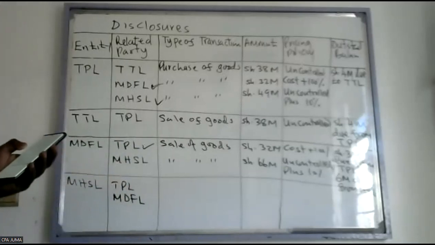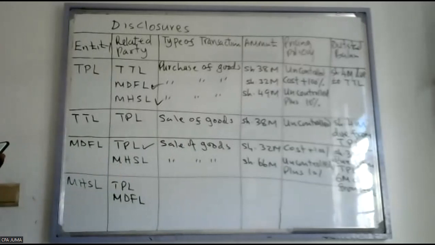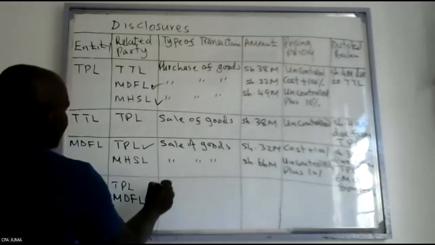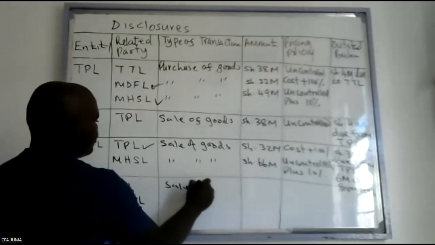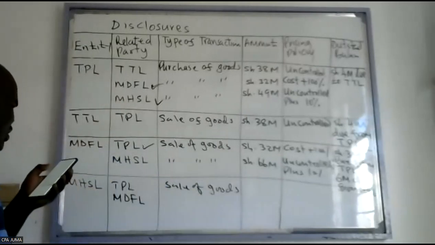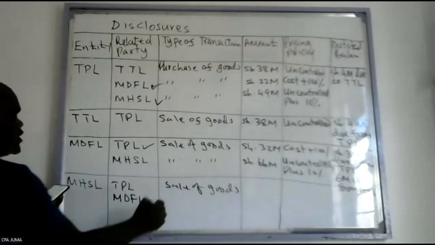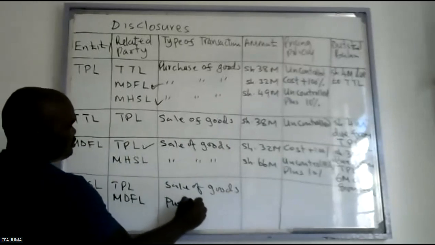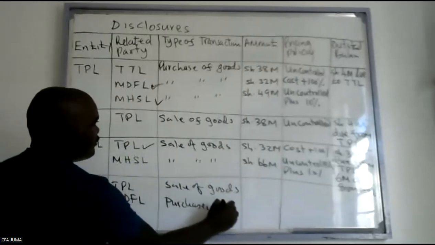So with the TPL, this was sale of goods. With MDFL, it was purchases of goods.